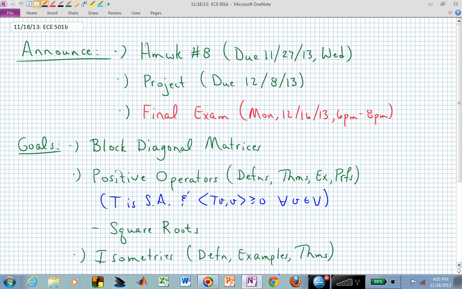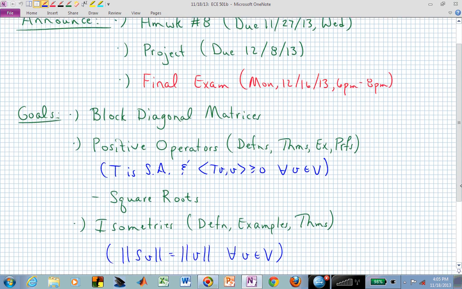We'll do something similar for these operators called isometries. You may have heard of those with other descriptions when dealing with real vector spaces, maybe an orthogonal matrix. Or if you were dealing with complex vector spaces, you might have heard of unitary operators. But we will refer to the combination of those, in either real or complex vector spaces, as isometries. We'll look at the definition, examples, and theorems of isometries.